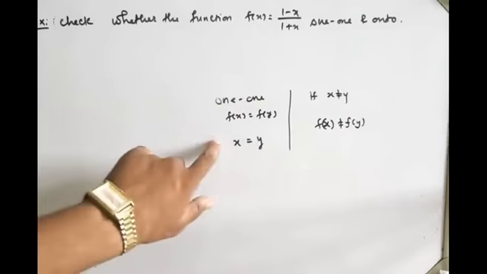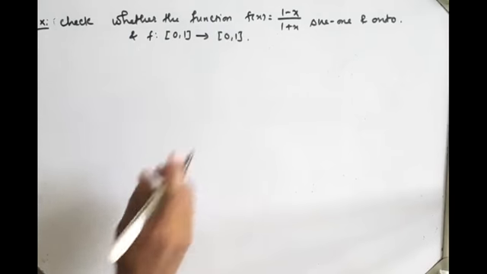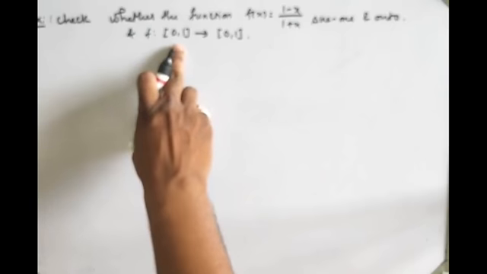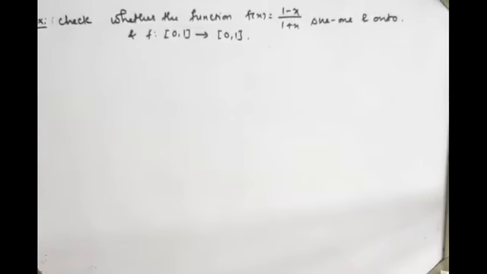Now we have to check the function is 1-1 and onto. Also given f from the closed interval 0 1 to the closed interval 0 1. So the domain of the function is 0 1 and the codomain is again 0 1.